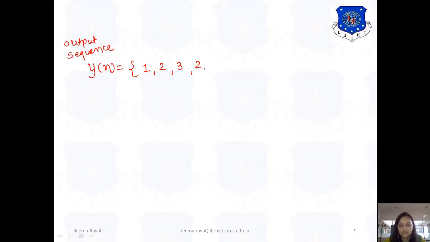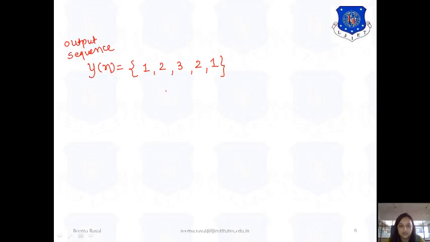So the final answer is y of n, the output sequence for the linear convolution, equals 1, 2, 3, 2, 1.